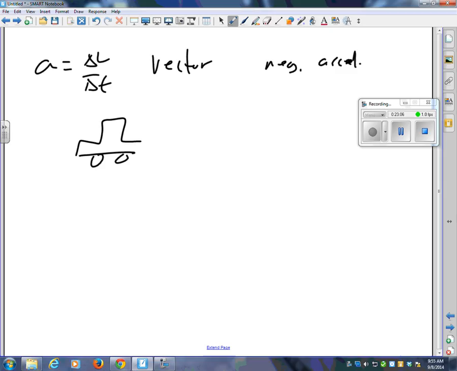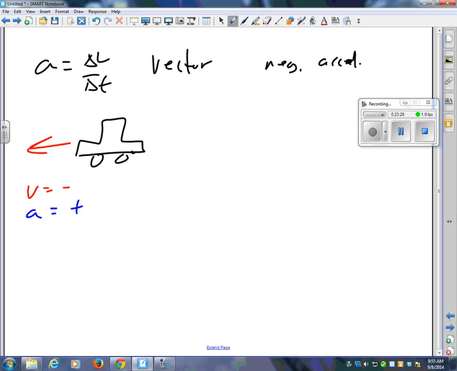If the car is traveling left, then the velocity is negative, and if it's slowing down, then the acceleration is positive, isn't it? But is it decelerating? Well, slowing down, so I try not to use the word deceleration.